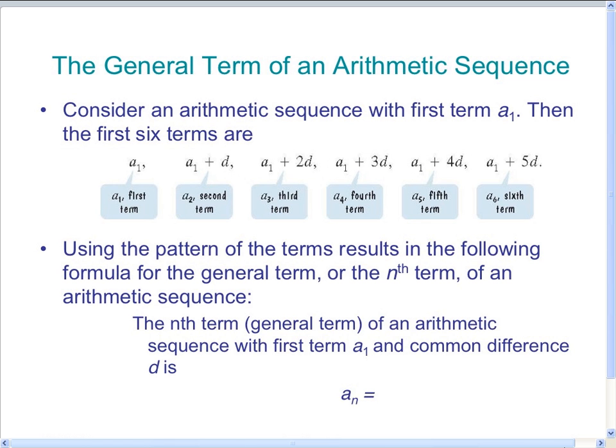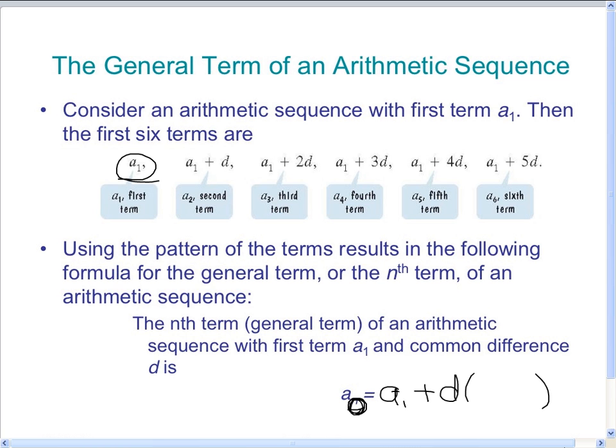So to find the formula, and by the way, a sub 1 always refers to the first term. The formula says we take the first term and we add a certain number of common differences. When we're doing this, we call d the common difference. This, in parentheses, tells us how many common differences we want. So we're on the nth term.